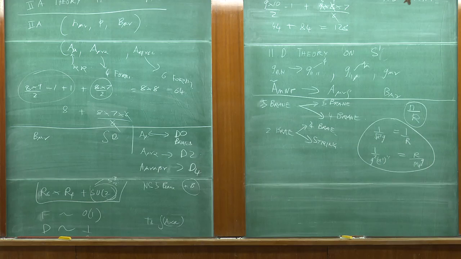This is why you could write them as open strings in flat space. What is the connection there? You see, an object that has a tension 1 over g, when you multiply that tension with Newton's constant, which is g squared, back reacts on space-time like g squared by g, which is of order g. That is small as g goes to 0, and therefore it can be thought of as almost not having deformed flat space.